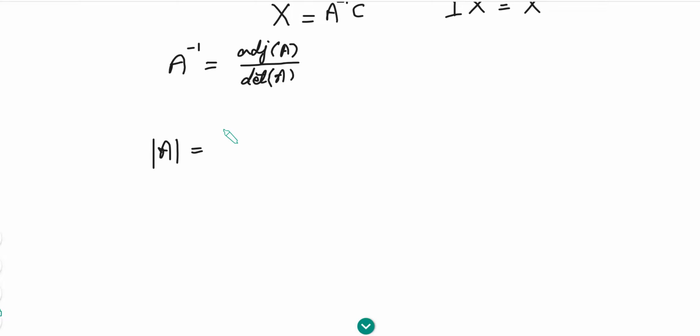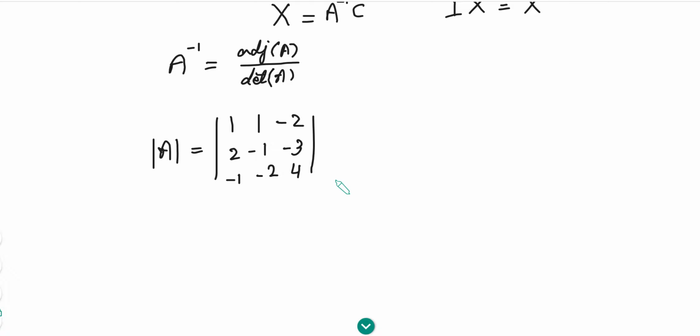Here we have the determinant of 1, 1, negative 2, 2, negative 1, negative 3, and negative 1, negative 2, 4.